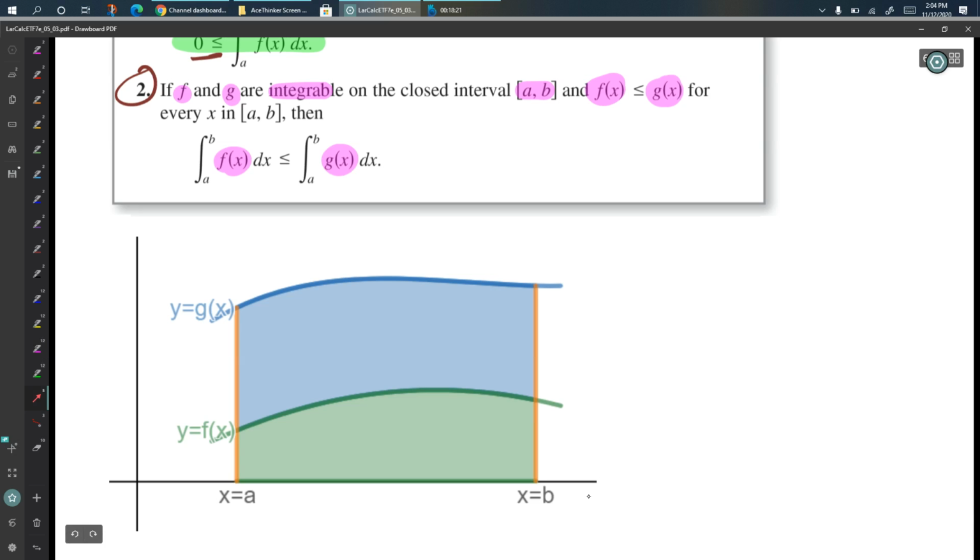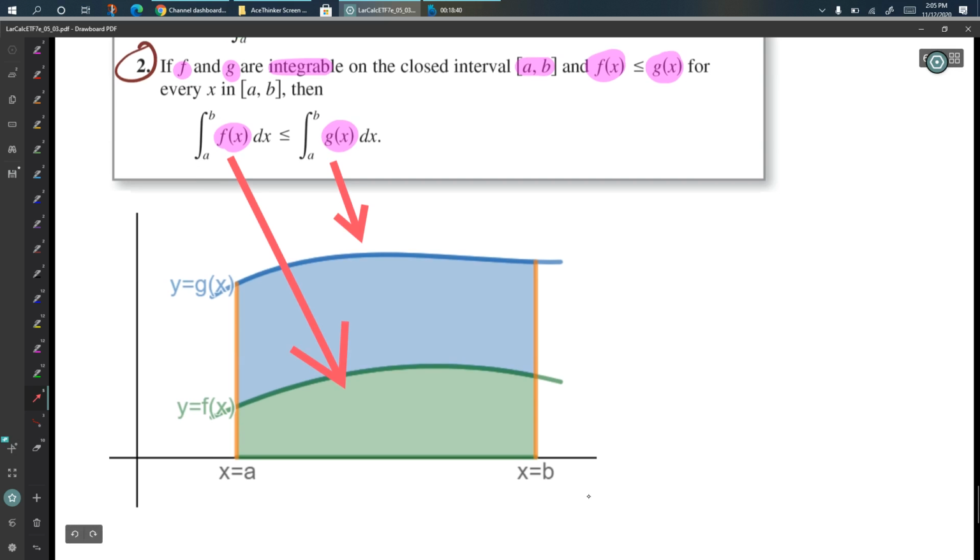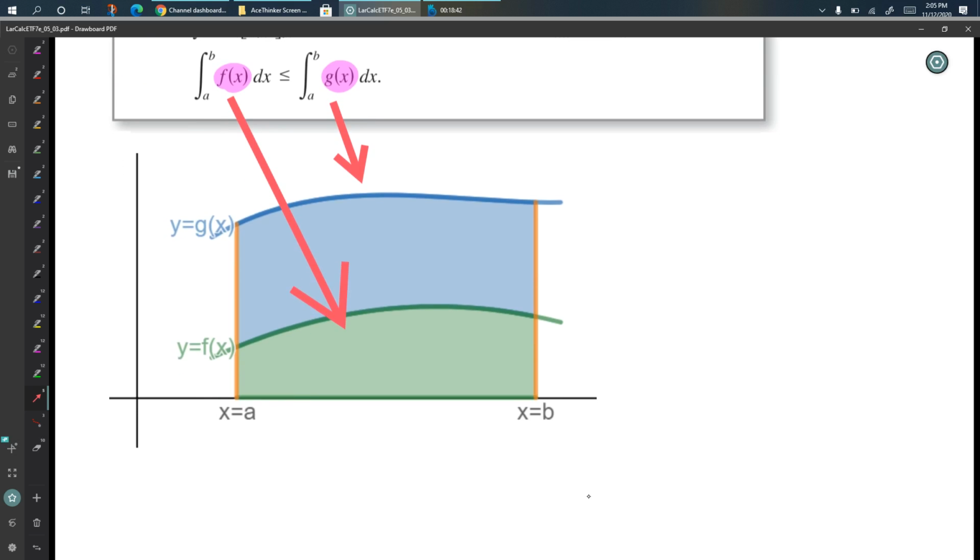Okay? The integral from a to b of f of x dx is that green piece down there. The integral of g of x is the green piece plus the blue piece, because it's bigger than f of x for that entire interval. And since it's bigger than, okay, the value of the integral better be bigger than.